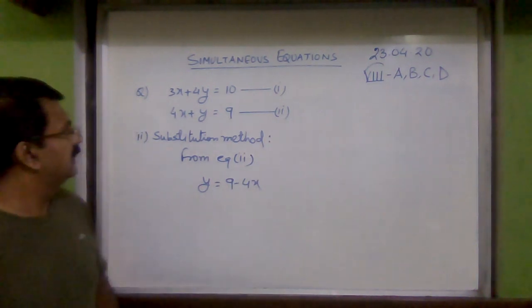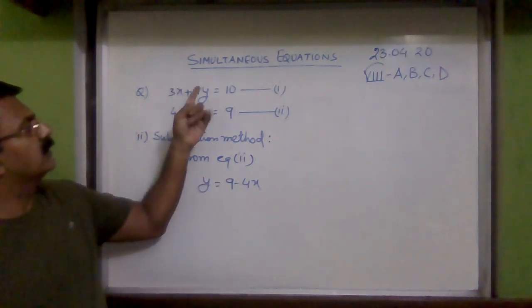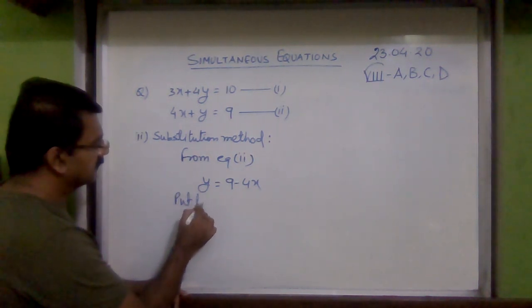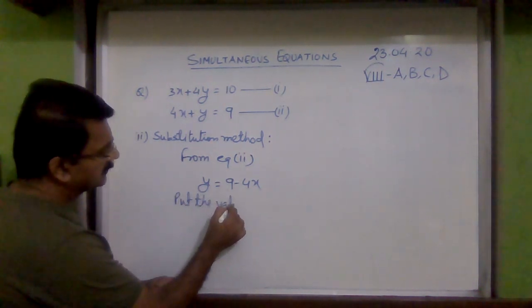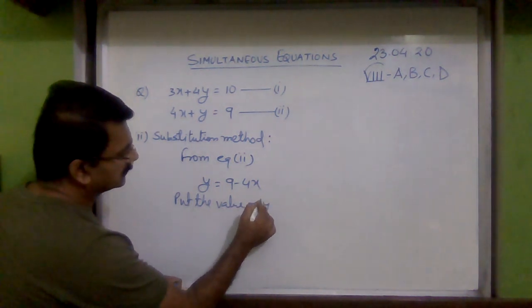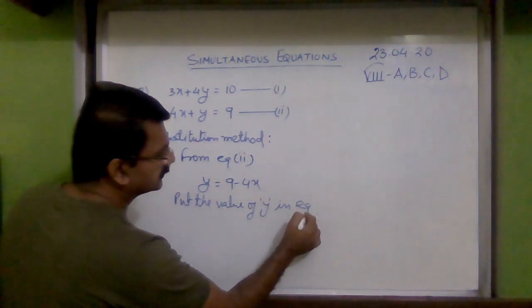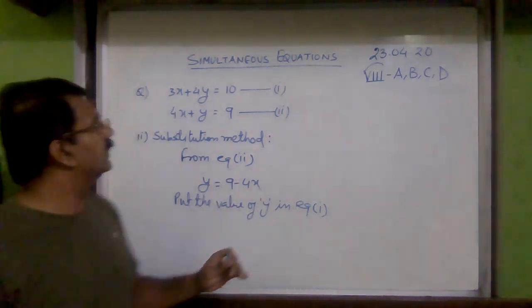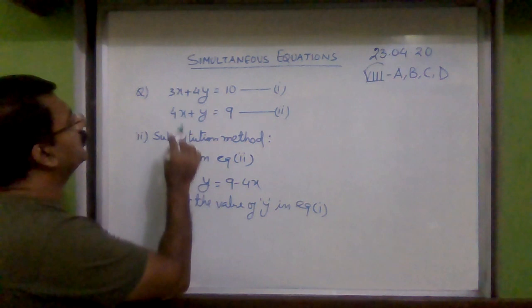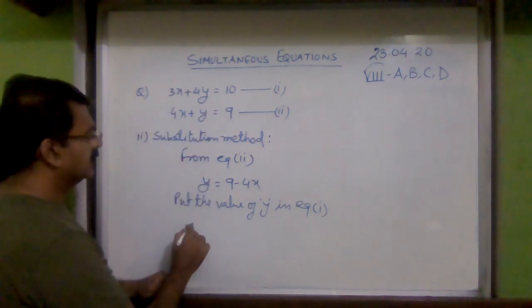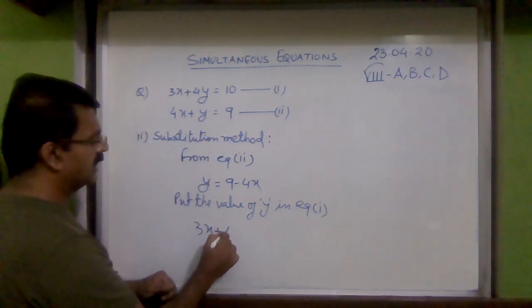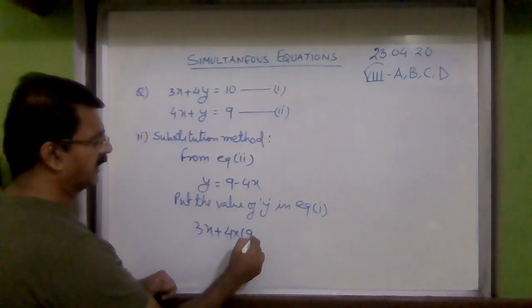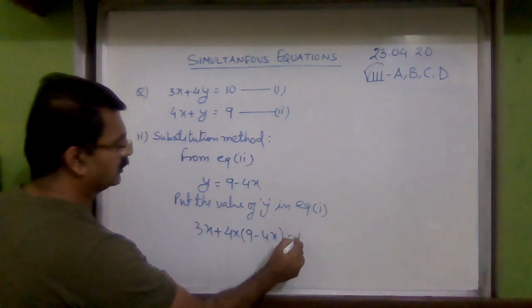Now we will put this value of y in equation number 1. So when you put this value in equation 1, then we have 3x plus 4 into, in place of y you put this, 9 minus 4x is equal to 10.